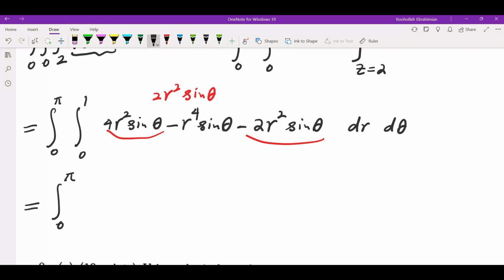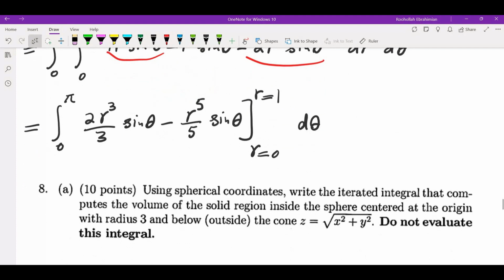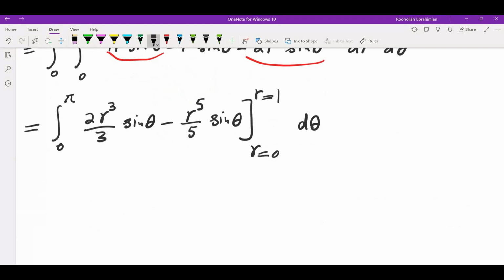So when we integrate, we get 2r cubed over 3 sine theta minus r to the 5th over 5 sine of theta, and then the limits of r are from 0 to 1. This is a relatively easy integral to evaluate. So integral from 0 to pi. When you plug in 1, we get 2/3 sine of theta minus 1/5 sine of theta, d theta.